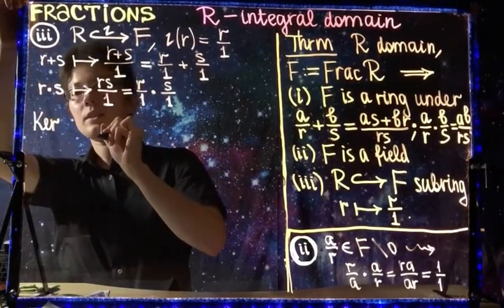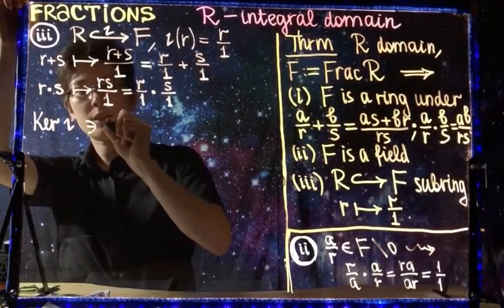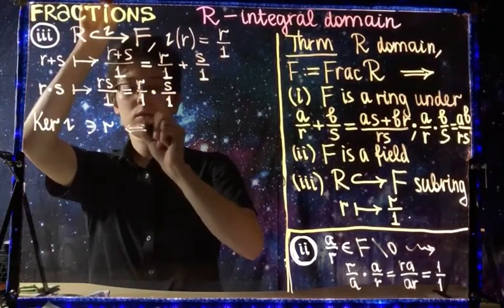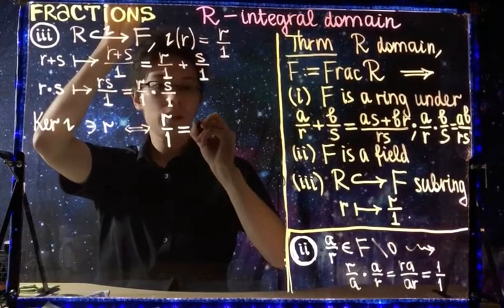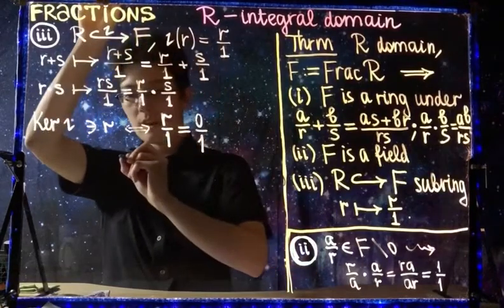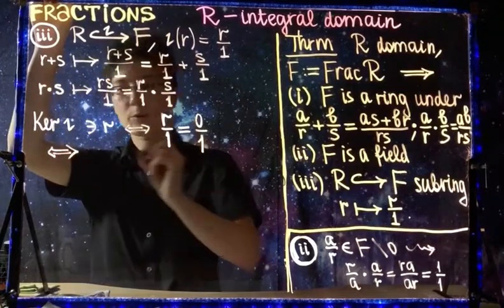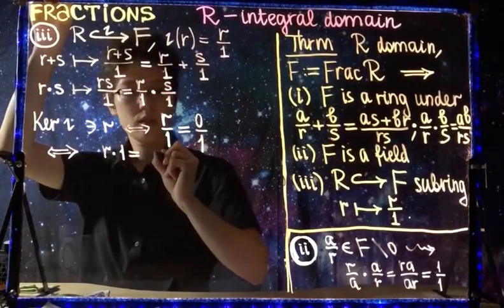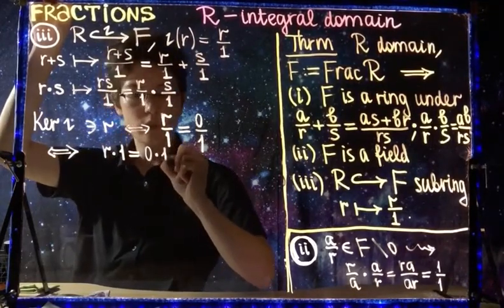And let's consider the kernel of iota. Let's take some element R in the kernel. It means that R over 1 is equal to the fraction 0 over 1. And this is, by the equivalence relation, equal to R times 1, equivalent to R times 1 being equal to 0 times 1.